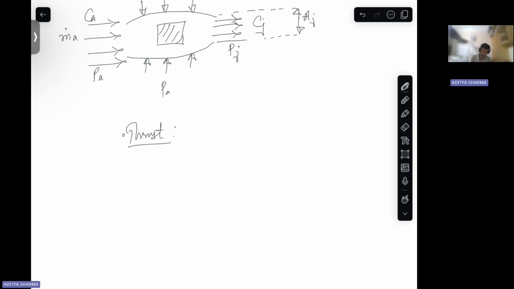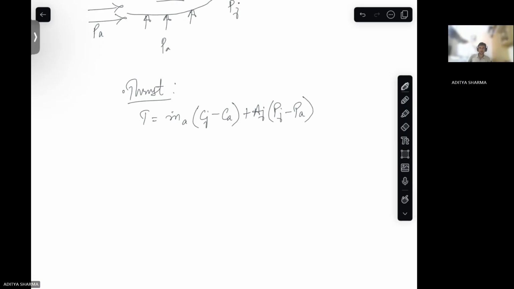So your change in momentum. So if you talk about thrust, so this is mass flow rate of air. So this is your thrust. All right.